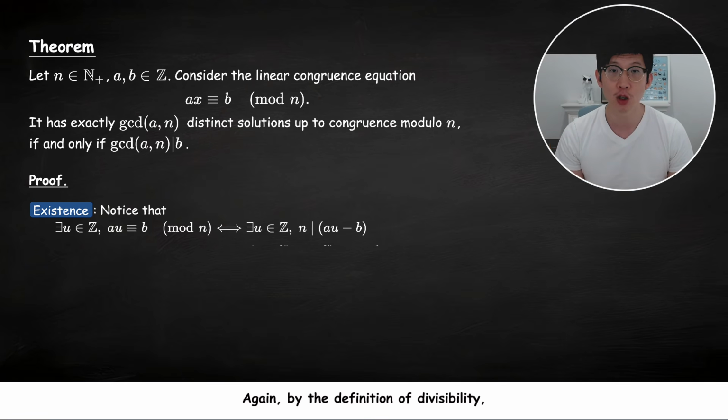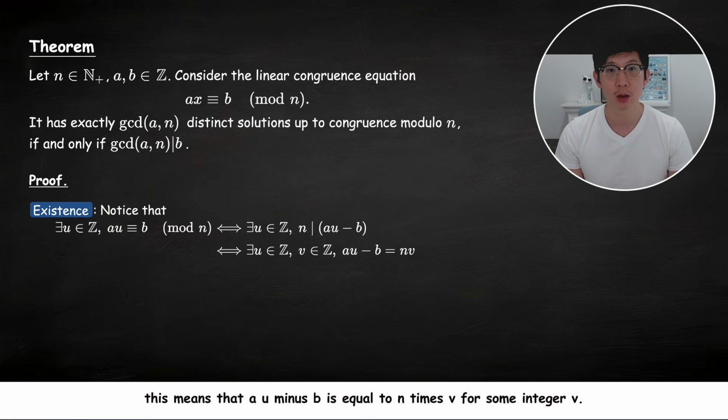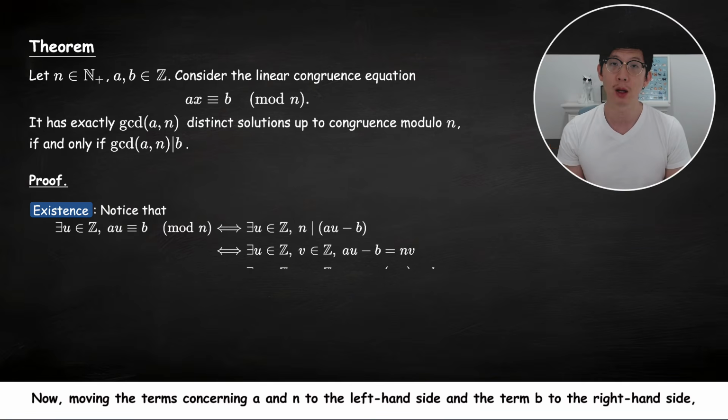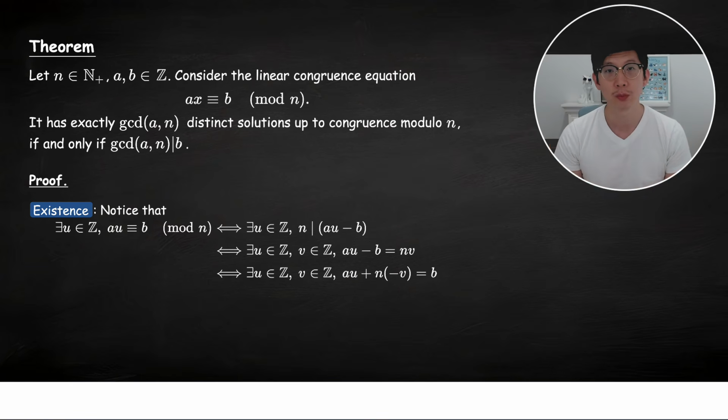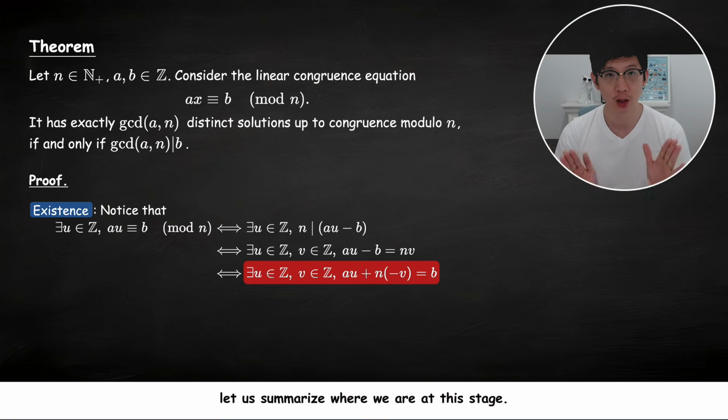Again, by the definition of divisibility, this means that au − b = nv for some integer v. Now, moving the terms concerning a and n to the left-hand side and the term b to the right-hand side, let us summarize where we are at this stage.